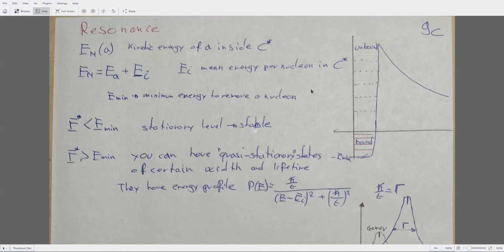Then excited levels, with the electrons in other orbitals, in higher energetic states, something like that.